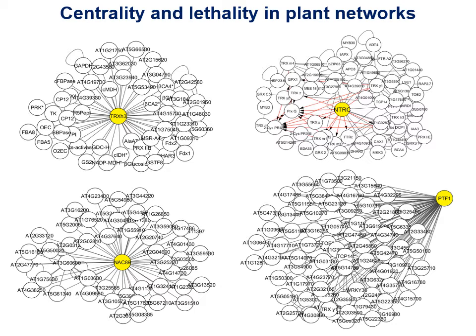It seems that we are not really sure that this lethality and centrality theory applies to plant networks because, for example, here we have an example in yellow of 4 hubs in which the mutant, when you remove this node, sometimes has no phenotype.